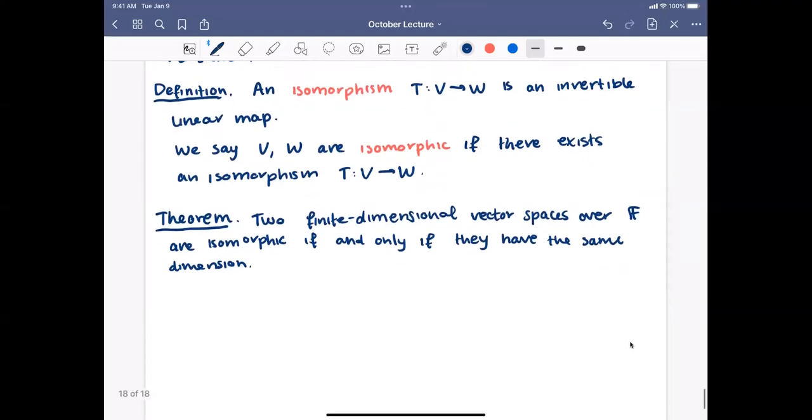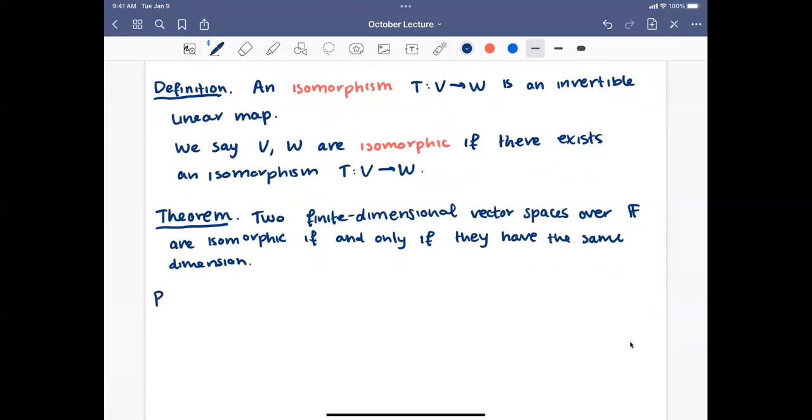Okay, so let's go ahead and prove it. This is an if and only if statement, so we have to prove both directions. Let's start with the forwards direction.